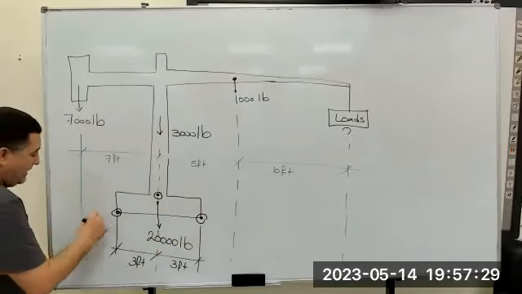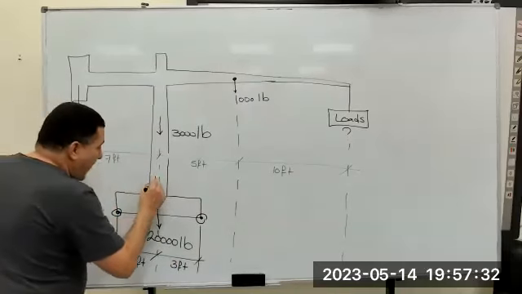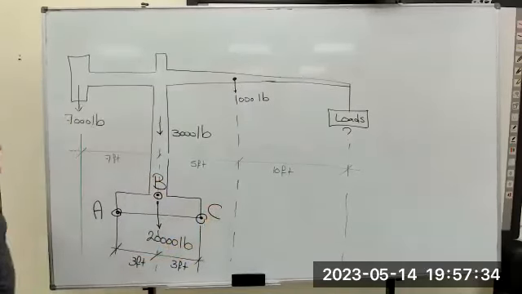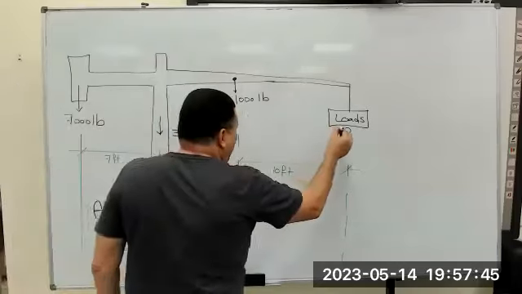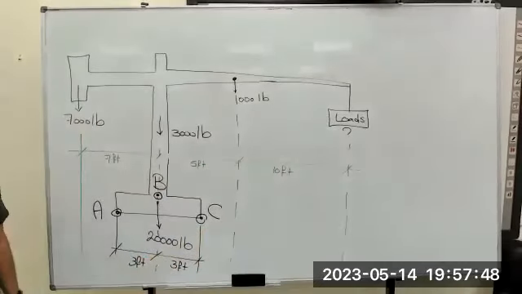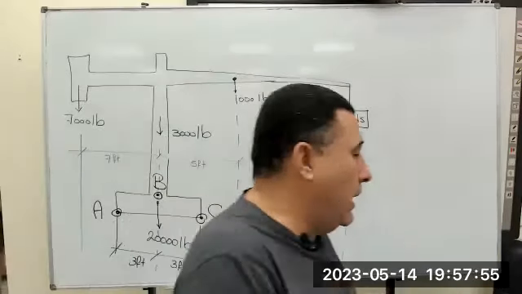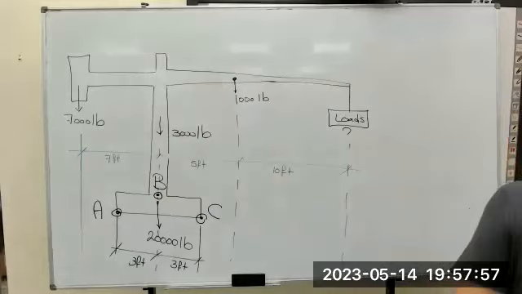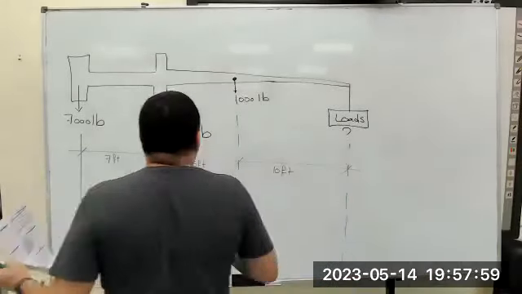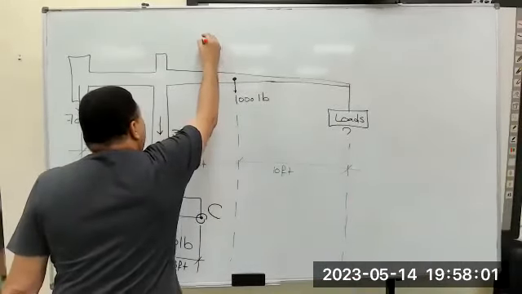If A, B, and C are the points, which one does the overturning happen around? Where is the nearest point to the loads? The nearest point to the loads is C. So the overturning will happen at C.